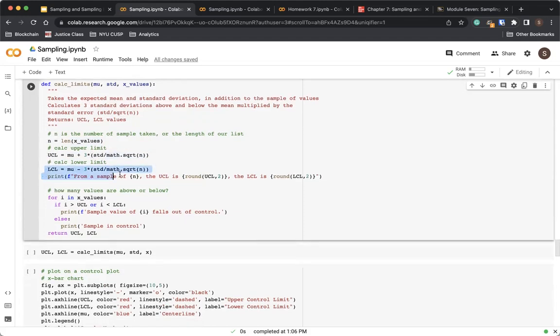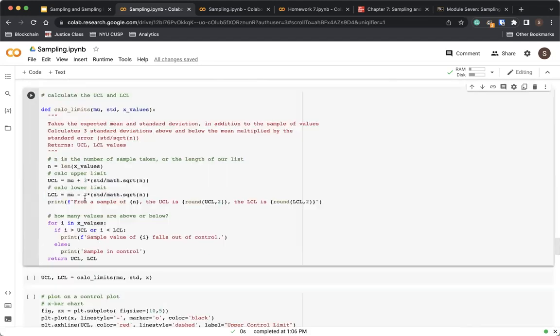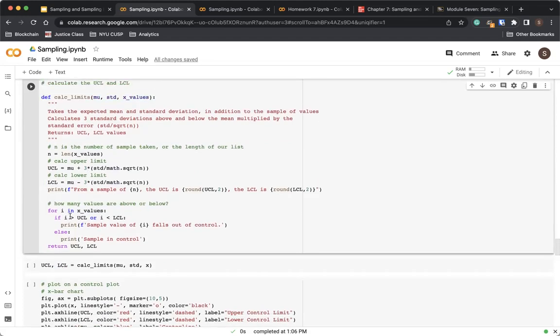So this formula will just calculate the upper and lower limits and spit that back out to you to say what those limits are. And then this was inspired by the other code I showed you above, which calculates for each value in the sample, if it's above or below our control limits, we'll just say the sample value falls out of control.